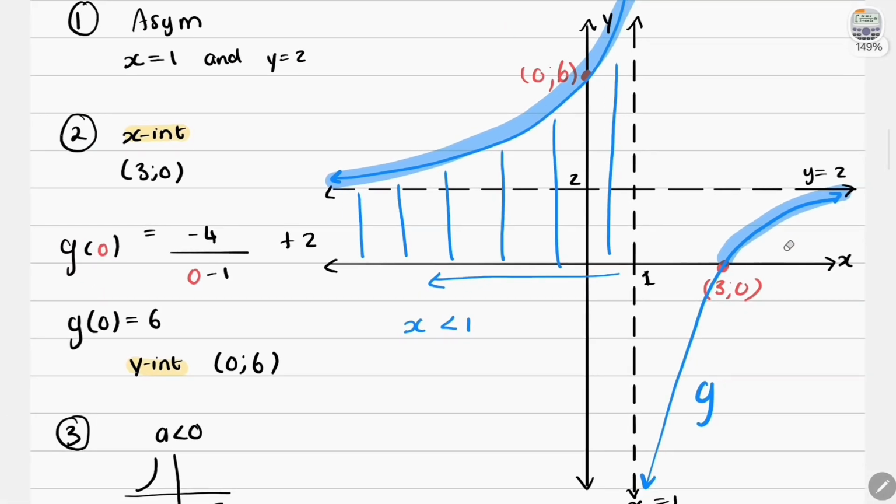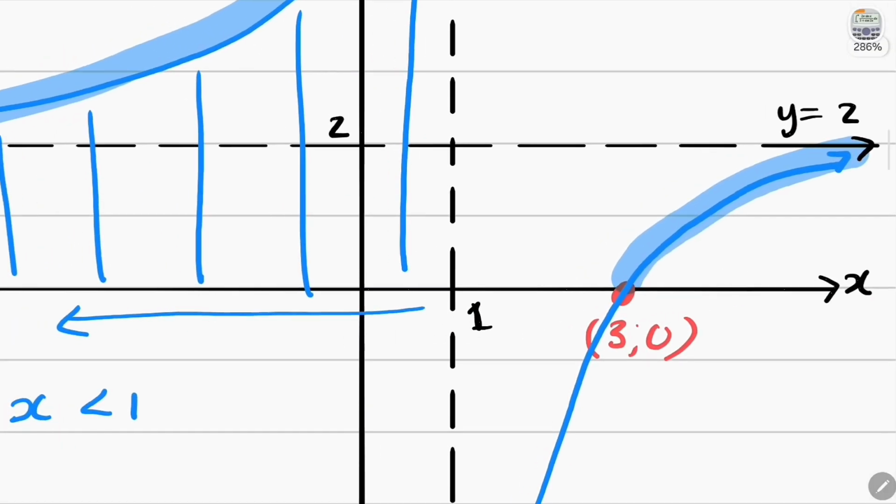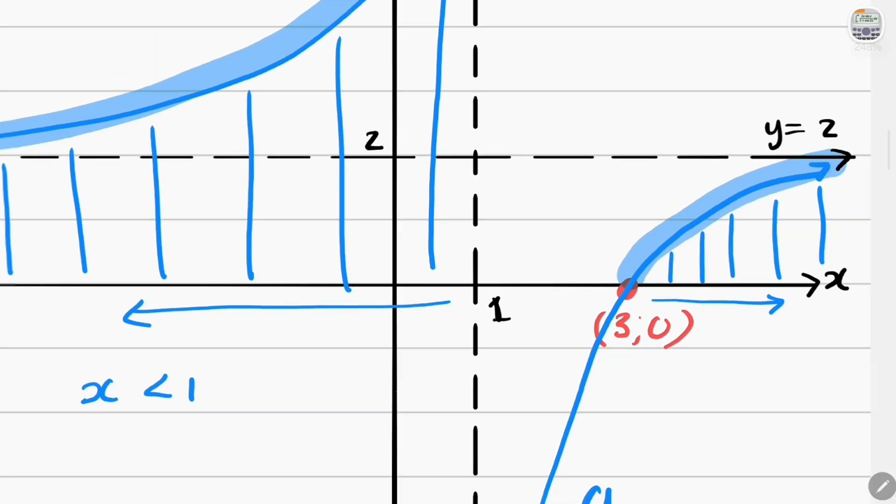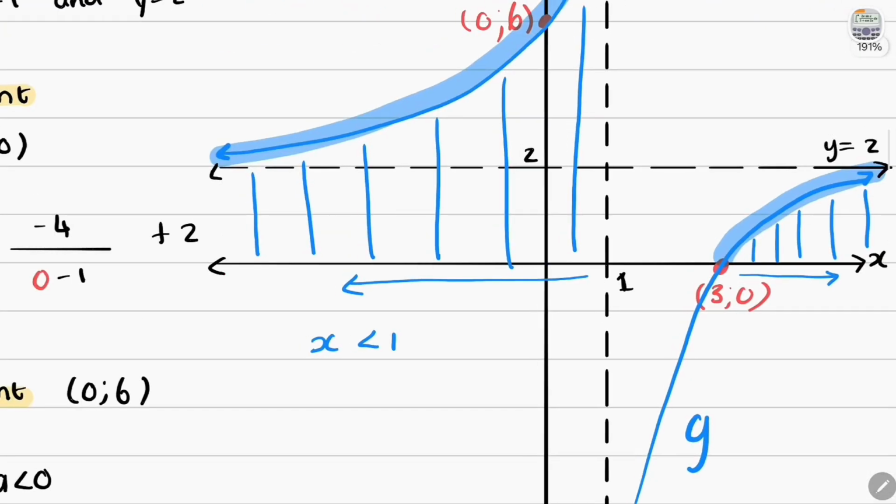And then on this side, we also have a selected piece of graph. So if you line this down to the x-axis, do you see that the point where it starts is immediately after this x value of 3? So it's values that are greater than 3. We can't really say equal to 3 in this case because at 3, you have a y value of 0.